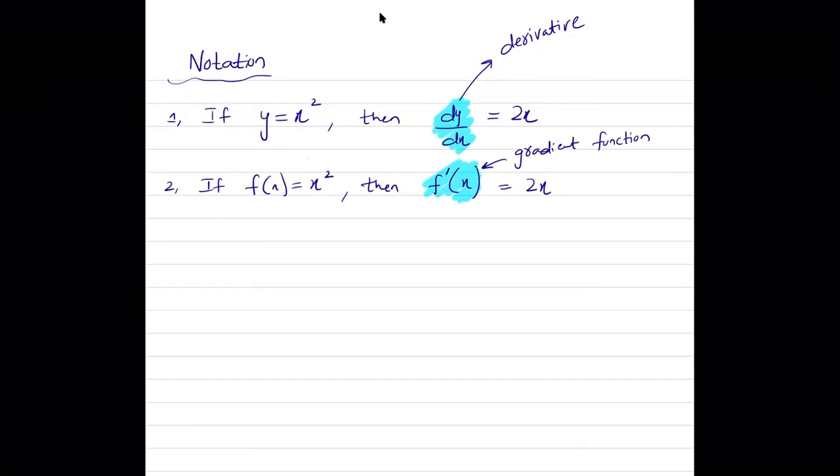Okay. And the third way you are going to see the questions is in this format. Differentiate x square. So differentiation of x square is going to be written like this.